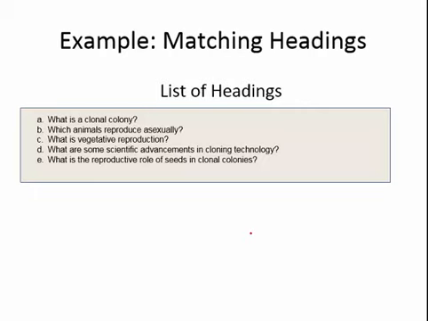Okay, so let's look at a sample question. Let's look at a matching headings question as a way to practice doing some skimming. We're going to use our clone paragraph. Below, you'll see from A to E, we have sample headings.